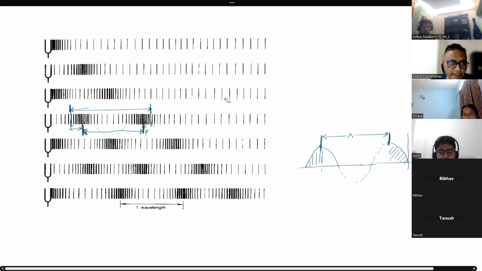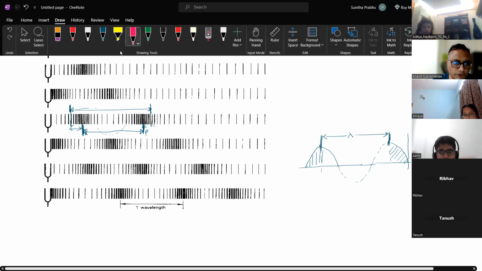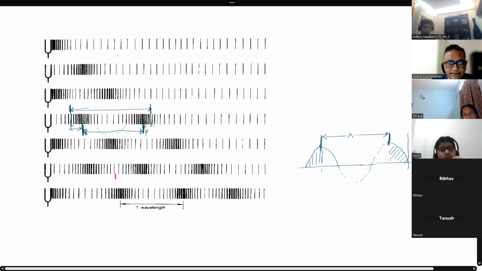Yes. Okay. Similarly, for rarefaction also, if you see here, this is in between the rarefaction cycle. So this whole thing is the rarefaction. This is the peak of it. Okay. So if I say this is the bottommost point, and this is the bottommost point, if I measure this, it will also be lambda.